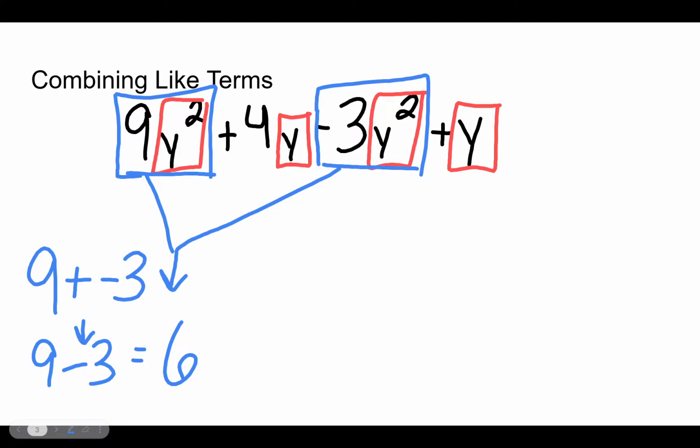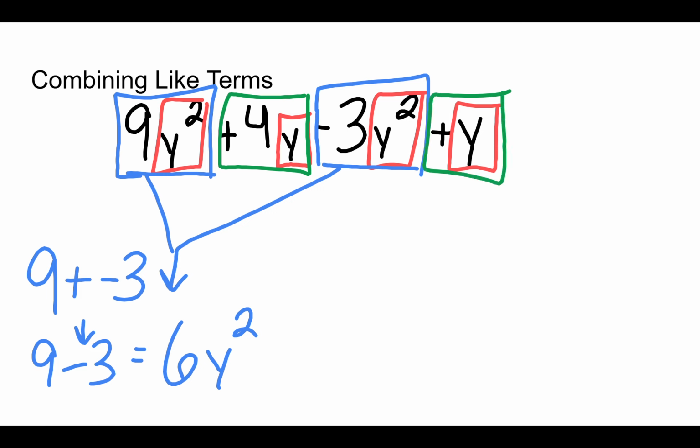And what do we do with that variable? We put it on the end. We don't change it. It stays the same. So 6y squared is going to be what 9y squared plus negative 3y squared is equal to. Then we have our last terms, 4y, it's a positive 4y and a positive y. Let's talk about this y.